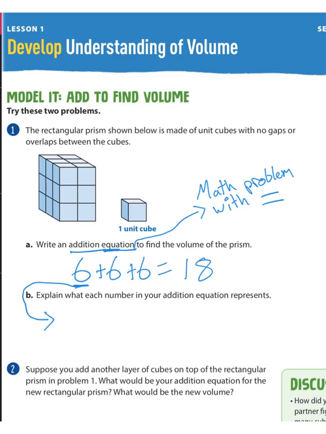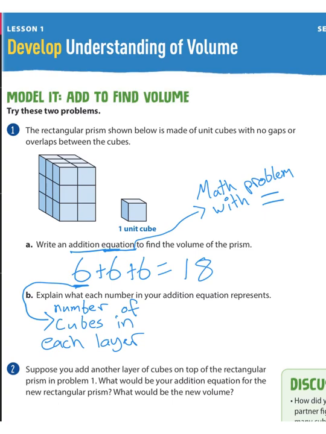Now if I'm explaining what those numbers mean for part B, they're the same number, so I can just do this once. This number 6, remember, we got that by how many cubes are in the layer. So that 6 means the number of cubes in each layer.